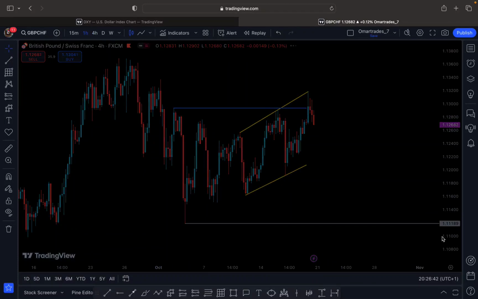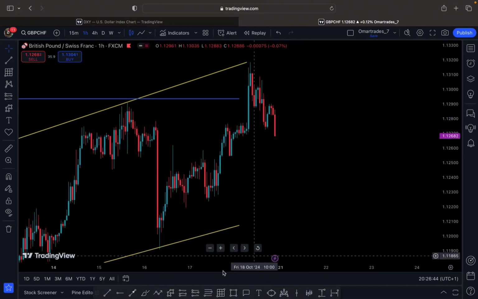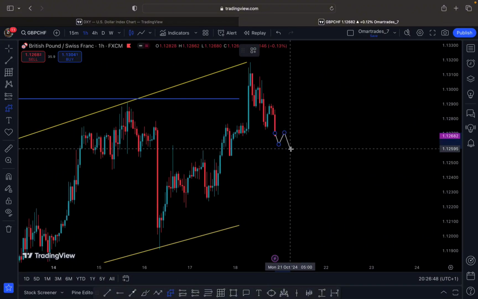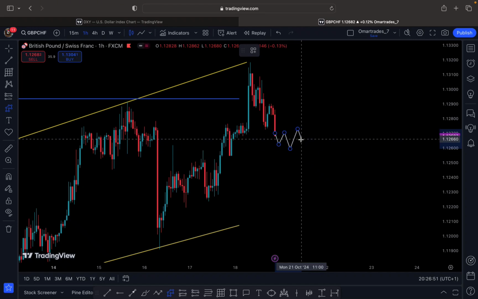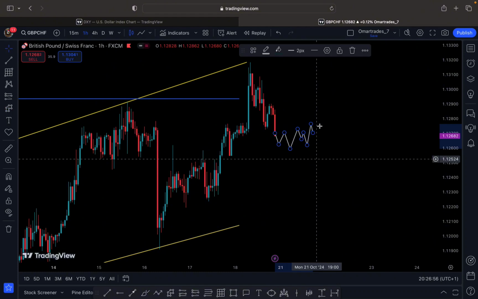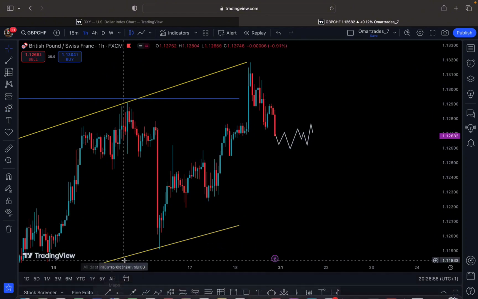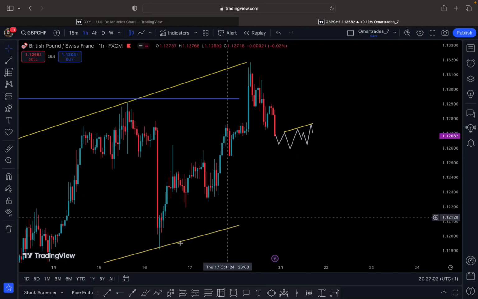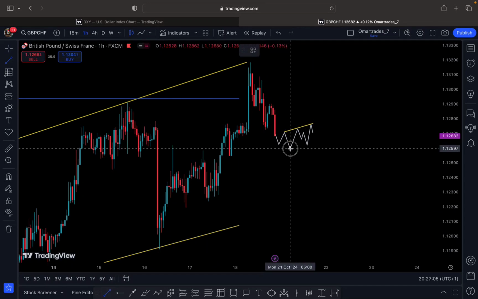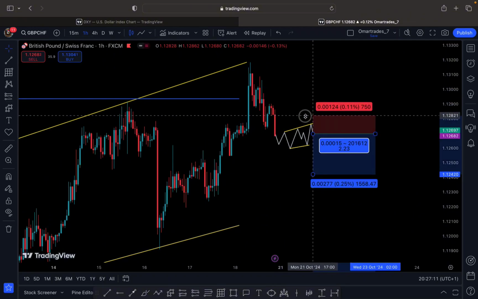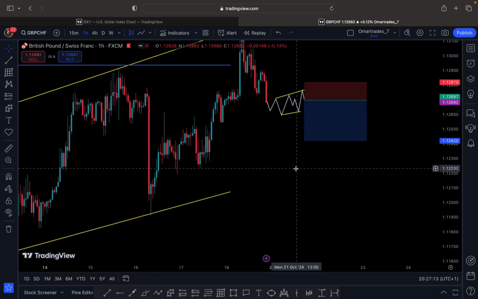So what we need now will be an insurance entry, something like this. Once we see an insurance entry like this, that will be our position right there. Let's call it 12.